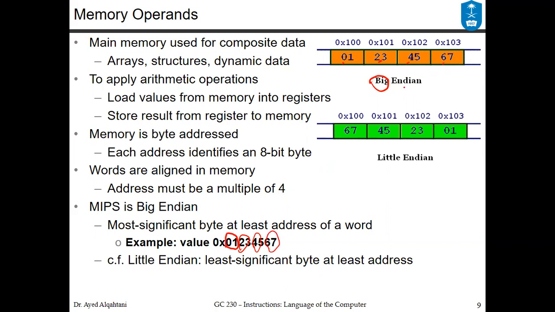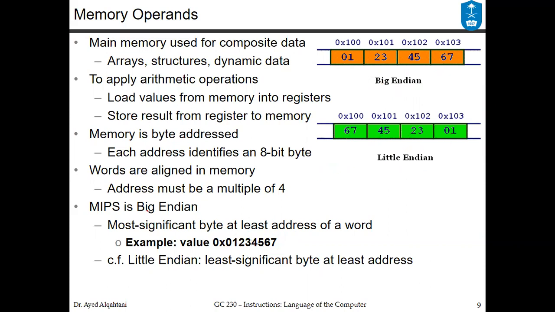That's the big endian system. In little endian, you start from the least significant byte, which is this one. So you store this first, followed by this, followed by this, and last you end up with this one.